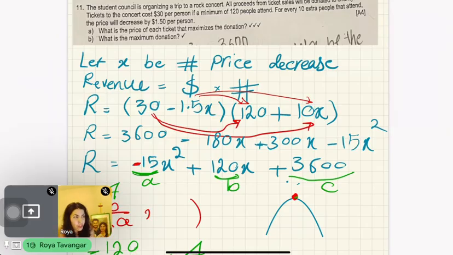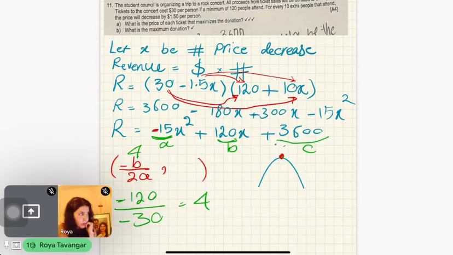The original price was $30, and 4 is the number of price decreases. Each time it decreased $1.50. So 4 times $1.50 is $6.